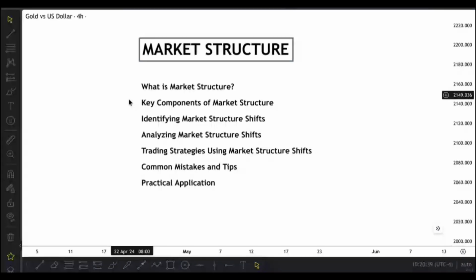Today on market structure, we're going to be looking at what market structure is, the key components of market structure, identifying market structure shifts, analyzing the market structure shifts, and trading strategies using the market structure shifts, and then the common mistakes and tips to help you understand market structure shifts. And at the end of it all, we're going to sum it up with a practical application of what we will have learned today.